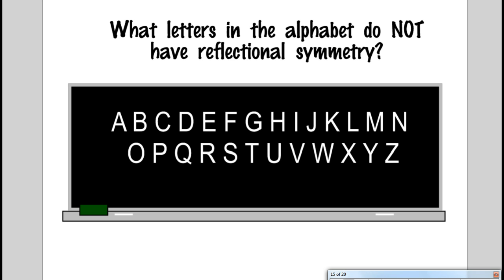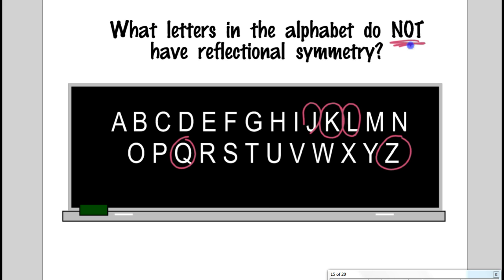Okay. What letters in the alphabet do not have reflectional symmetry? B, C. Q does not. Z does not. A does. K does. K and L do not. I does. J does not.